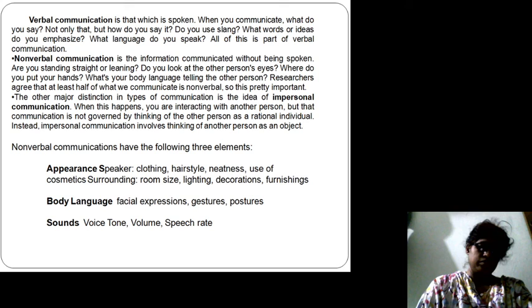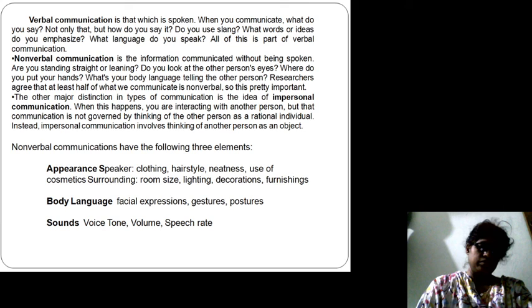Then another part is body language: facial expressions, gestures, and postures. What is body language? While you are communicating, you are having a discussion, talking with another individual. We can take the example of an interview.